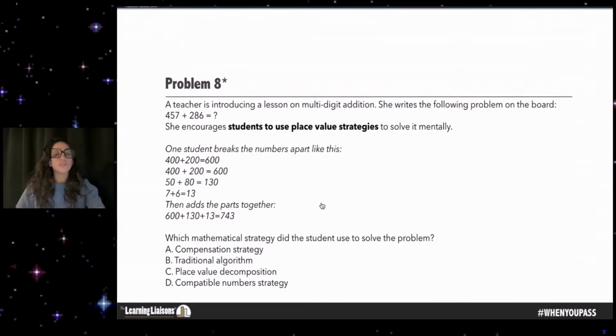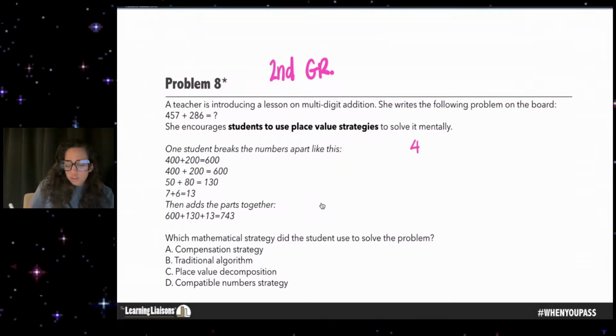All right, so this would be a typical second grade classroom type of problem. And the student breaks the numbers apart. So if we take 457 and we break it apart into what some curriculum companies and some people call the expanded strategy, we have 400 plus 50 plus 7.